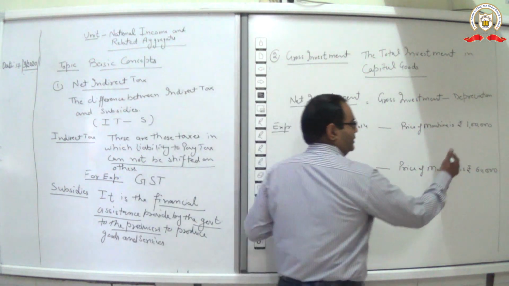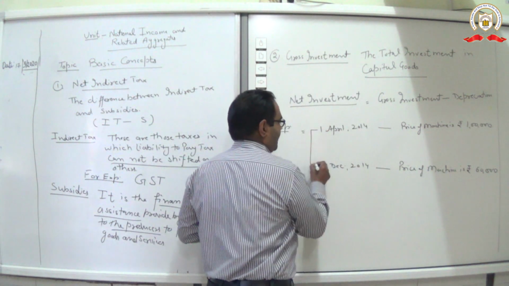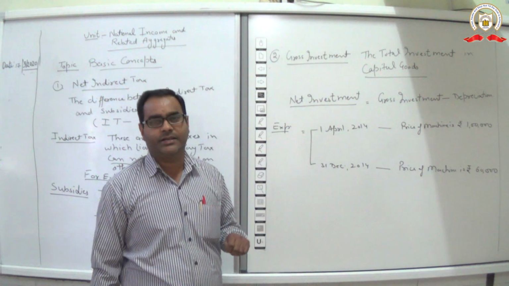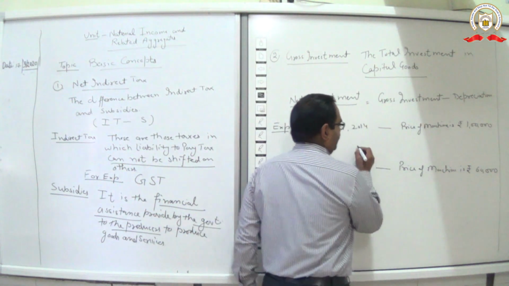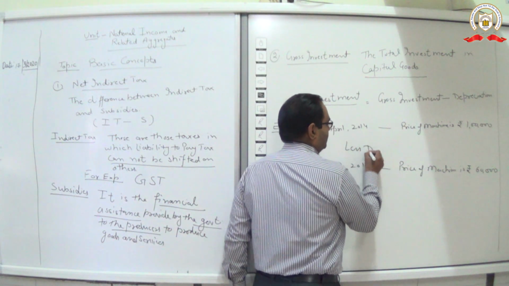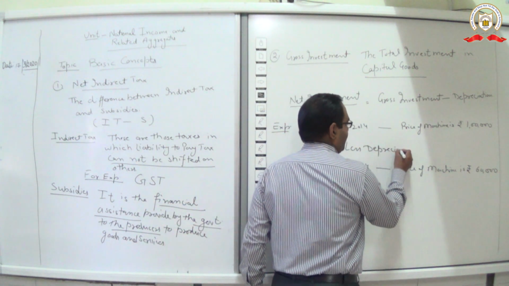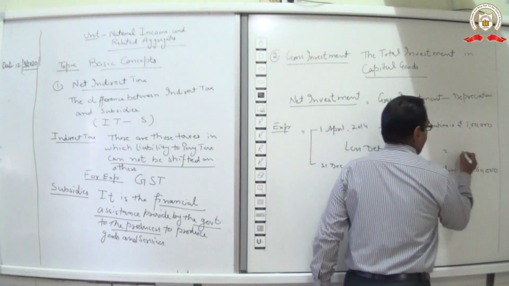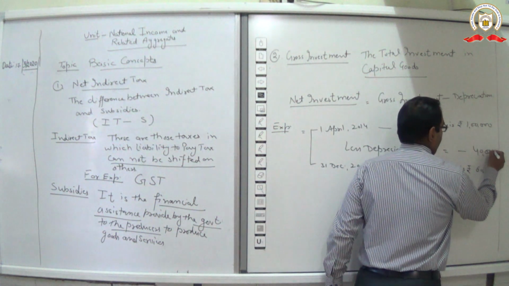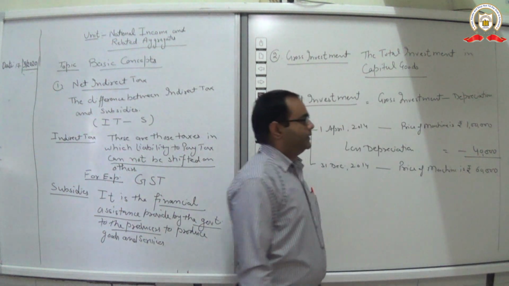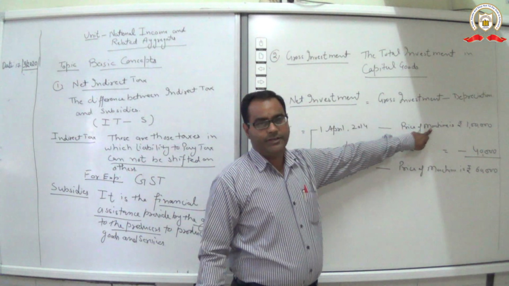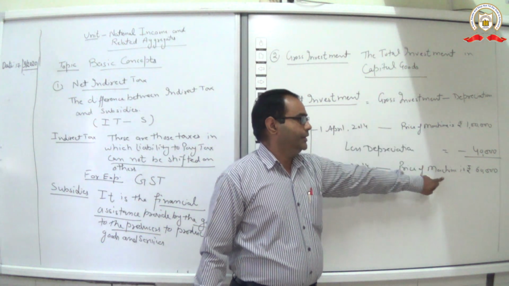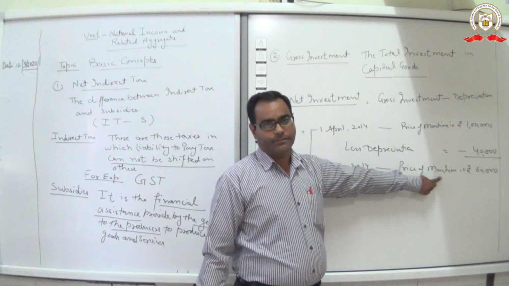So during this period the value of the machine has decreased. Why has the value of the machine decreased? Because of depreciation. So if I subtract the value of depreciation from the gross investment made on the machine, it will be termed net investment.